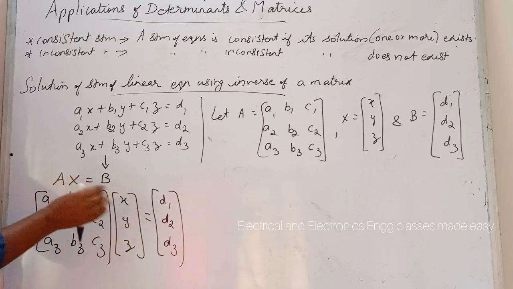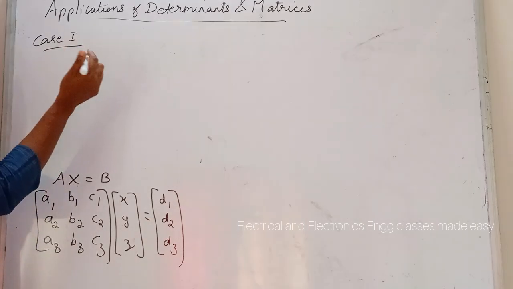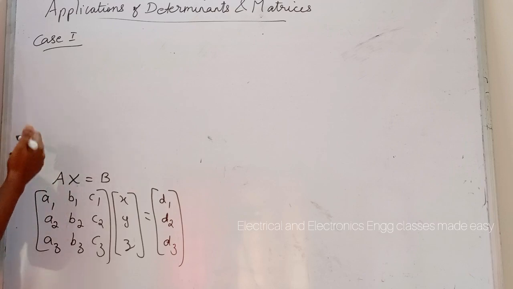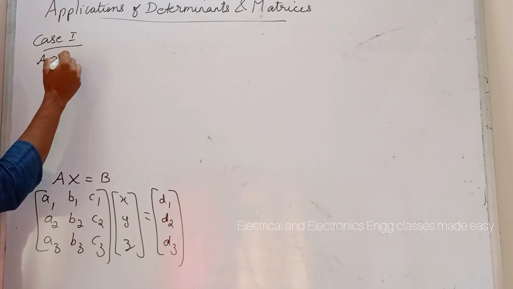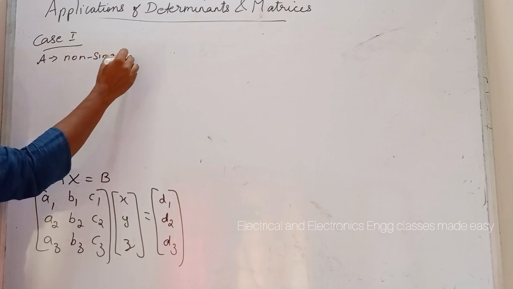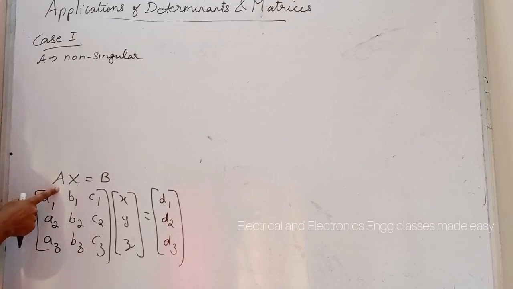So let us go for that solution. The first case is, if A is a non-singular matrix, then its inverse exists.